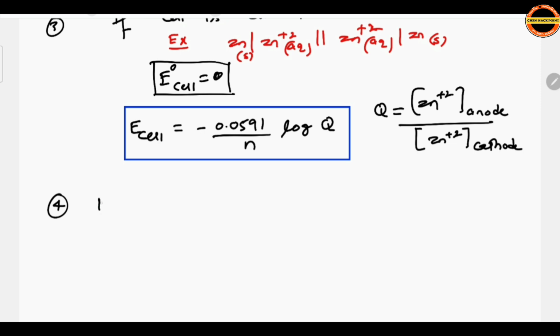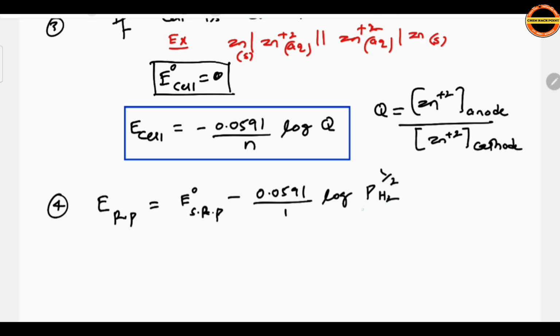The reduction potential of the hydrogen electrode is equal to the standard reduction potential of the hydrogen electrode, SRP, minus 0.0591 by the number of electrons, 1 we take in this equation, log partial pressure of H2 to the power half by H plus ion concentration.